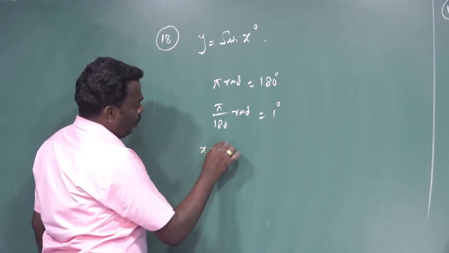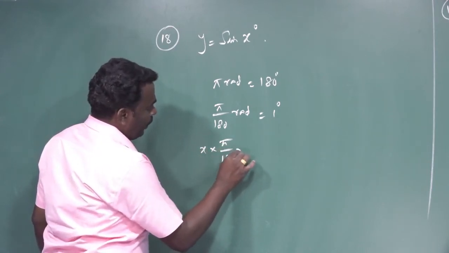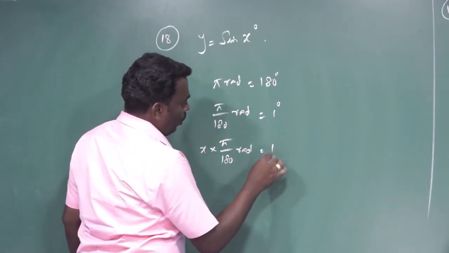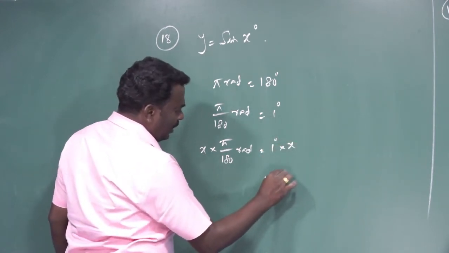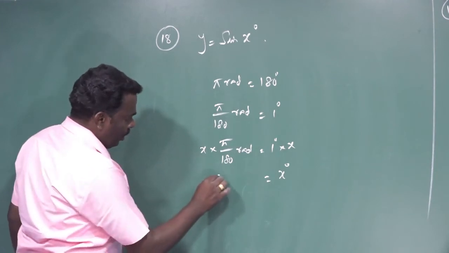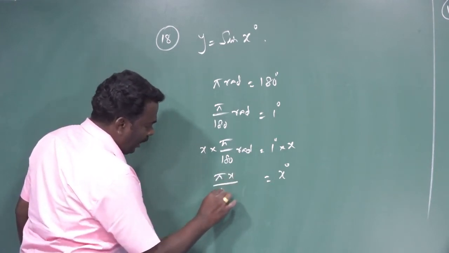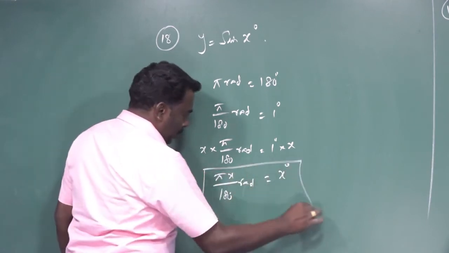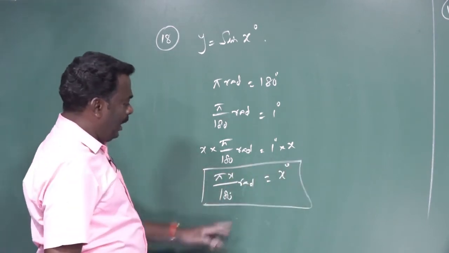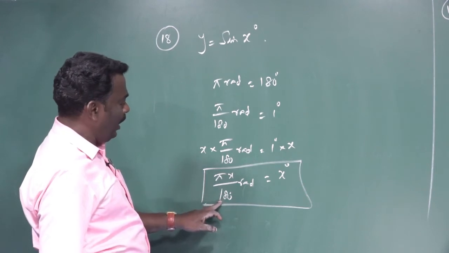Therefore x into pi by 180 radian is equal to 1 degree into x. Simply we can say that x degree is equal to pi x by 180 radian. So x degrees we can convert to radian form as pi x by 180 radian.